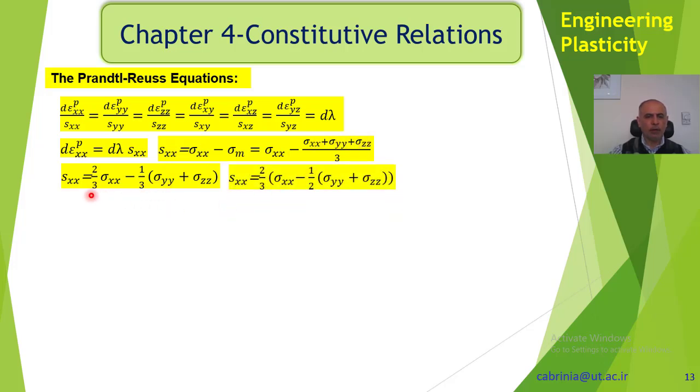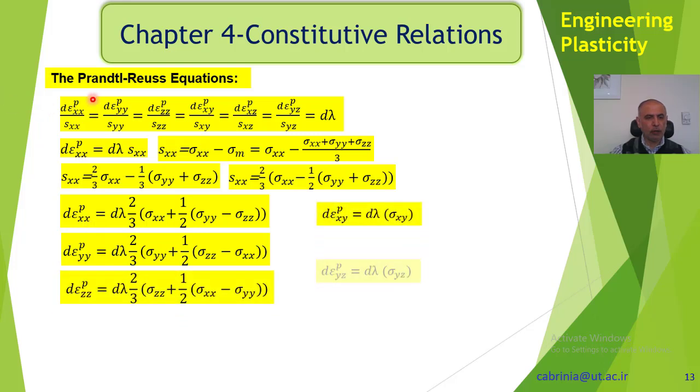Therefore Sxx is 2/3 of sigma xx minus half of sigma yy plus sigma zz. Therefore, if we put Sxx from there to here, then we get d lambda times 2/3 sigma xx plus this. Okay, so this is the component of increment of plastic strain.